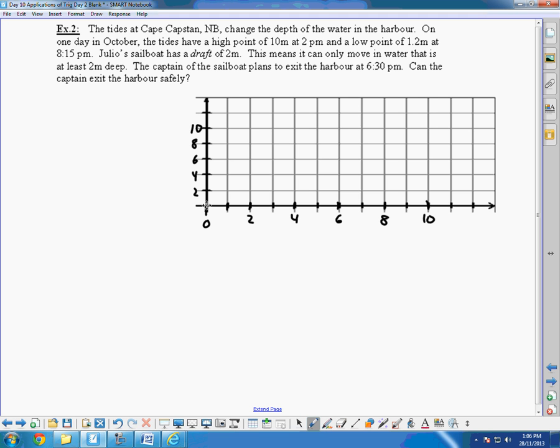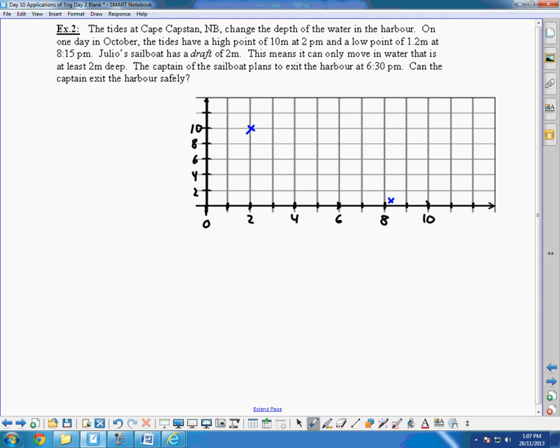So what information do I know? Well, I know how much is there at the highest point at 2 o'clock. So this is 2 o'clock, and it says it's got 10 meters of water. And then at 8:15, so 8.25, we're at the lowest point, which is 1.2. So it's right about there. That's all the information we have.